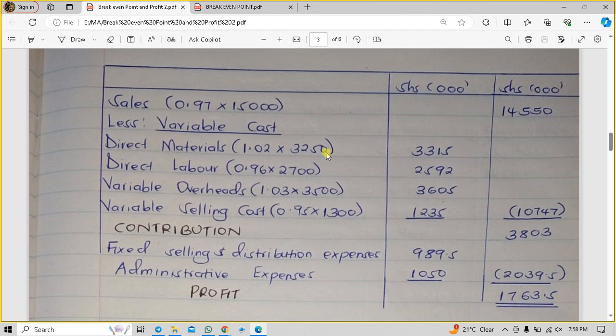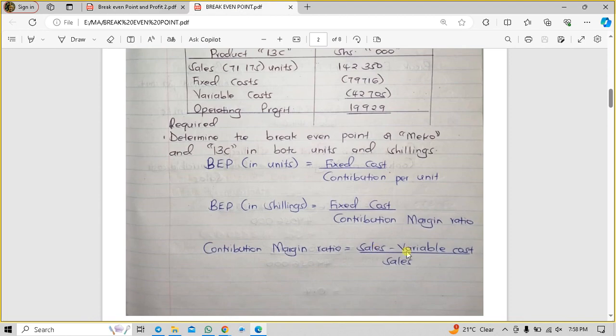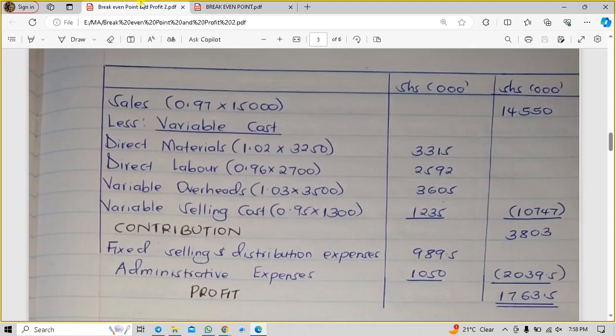Sales minus variable costs, we will get contribution. So actually we are using this value, contribution divided by this. So you're just going to say 3803 divided by 14550.